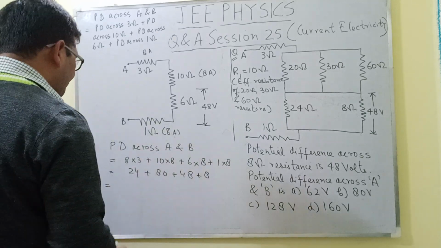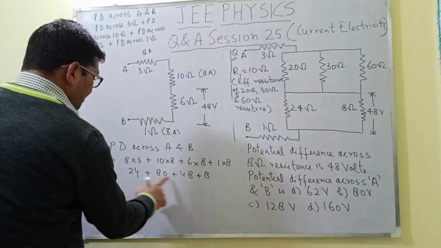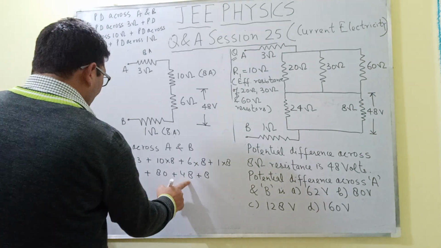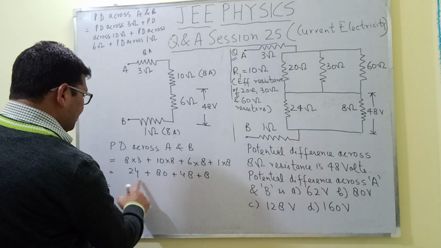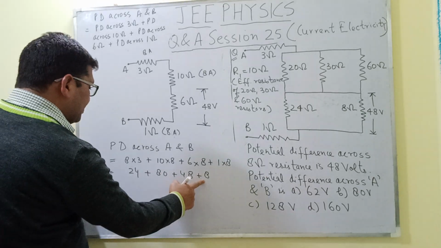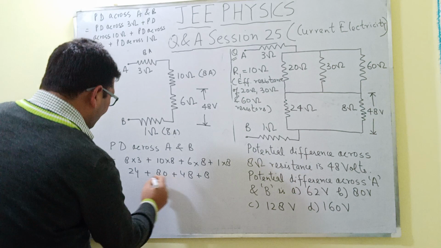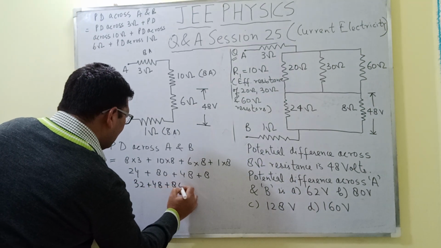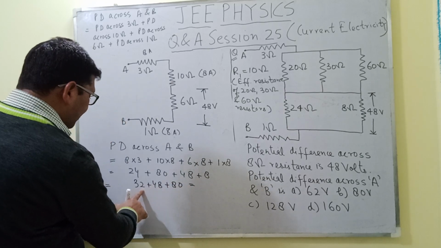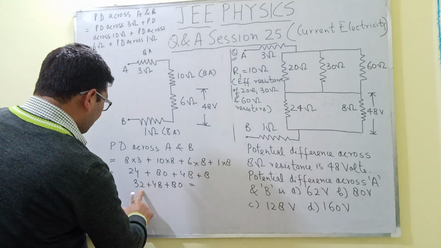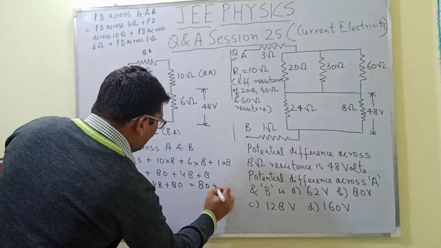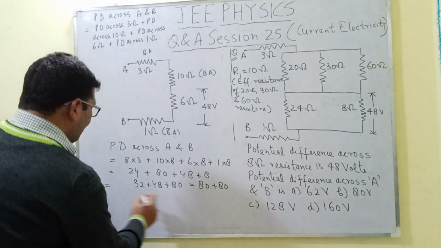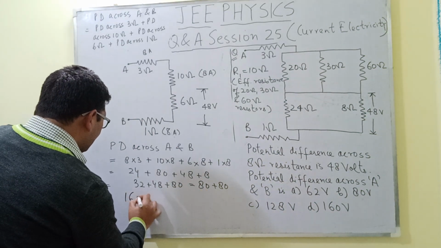So this is equal to 24 plus 8, which is equal to 32, and 32 plus 48 is equal to 80, plus 80, which is equal to 160 volts.